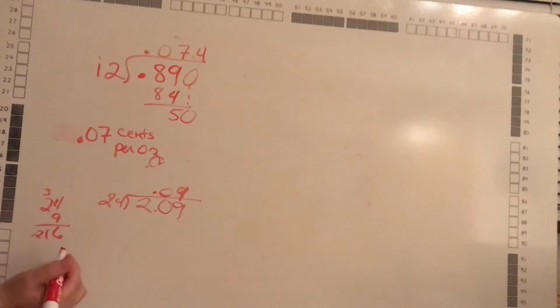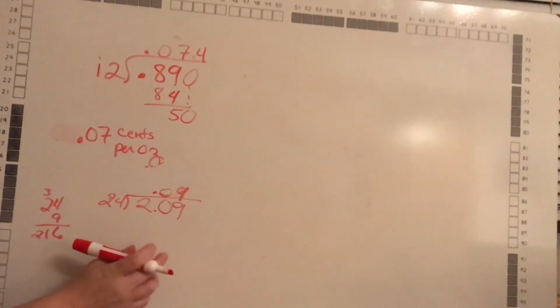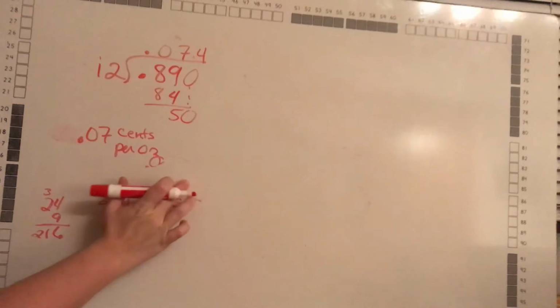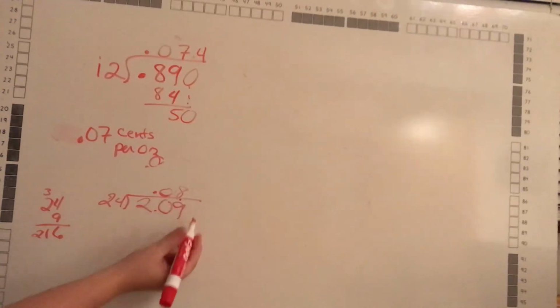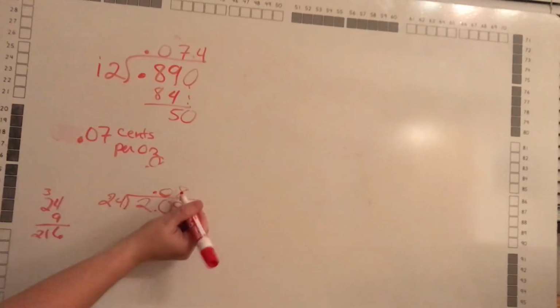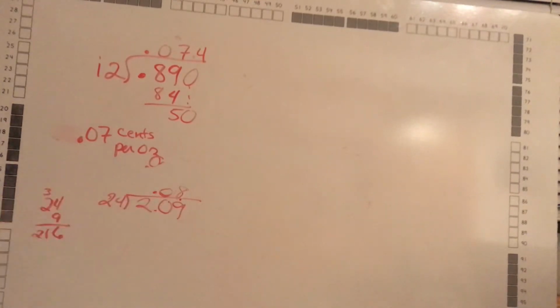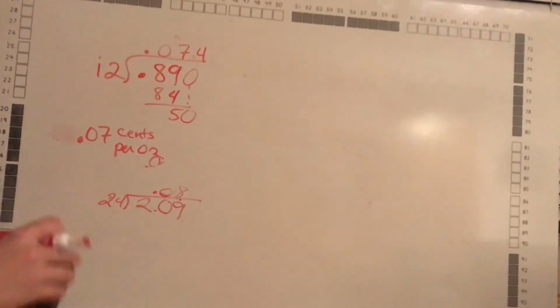It's 21. Okay, so it's not going to be 9. I also don't think the book has the right answer, because they have this as 0.9 cents, but 9 doesn't work. That would be an 8. Oh, but we're dealing with money. So I bet if you go further out, it's going to round up. Let's see.